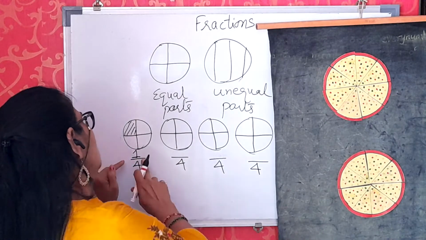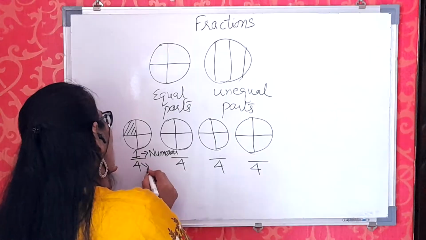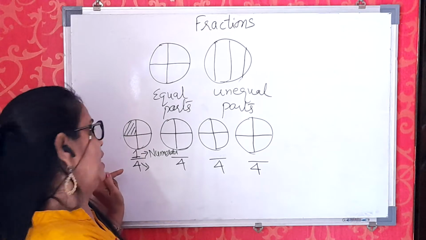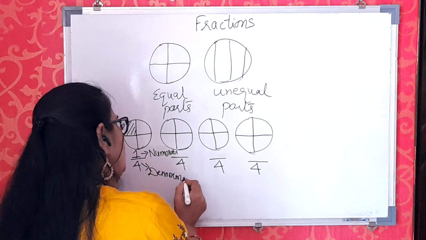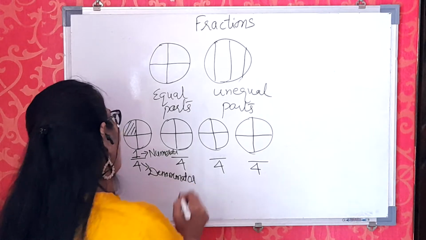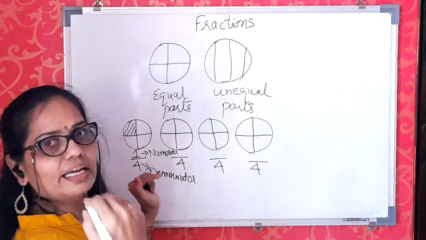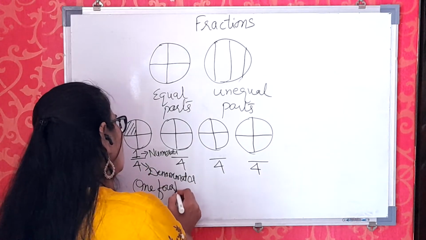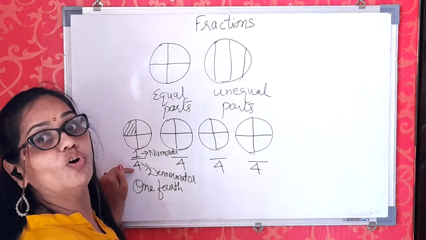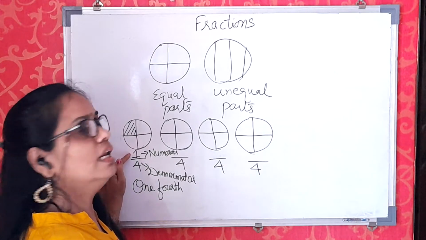Now children, this is called the numerator, and the number 4 down here, where I have made the 4 equal parts, would be your denominator, which you must be aware of. So 1 upon 4, right? How will I read this? It would be 1/4. Your 4 will be in ordinal numbers and 1 is your cardinal number.